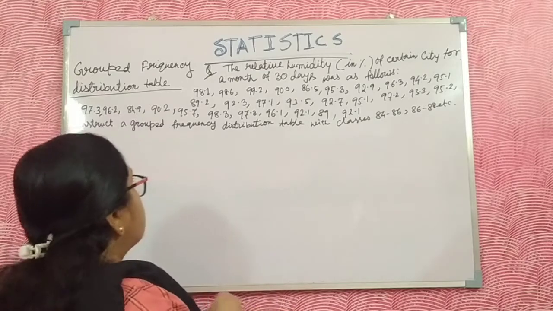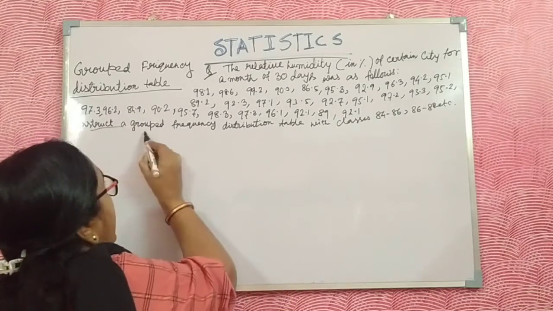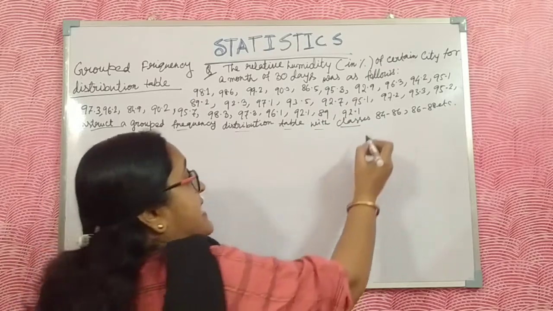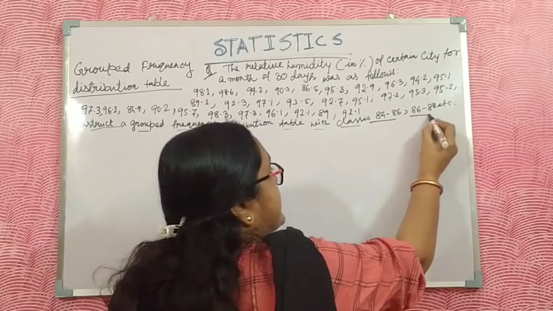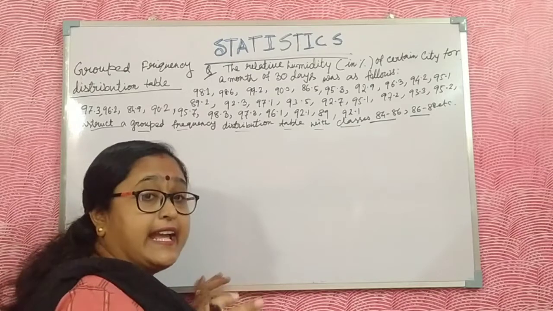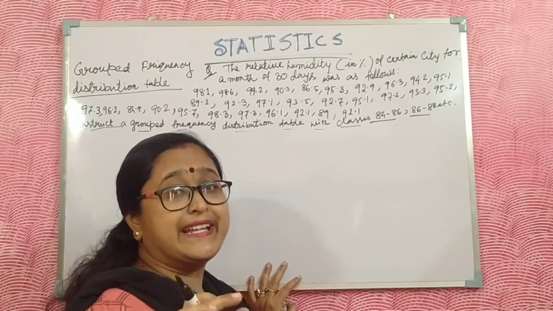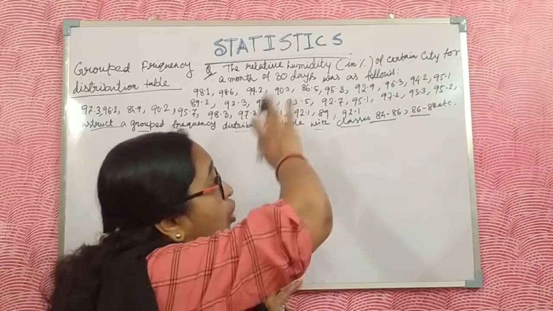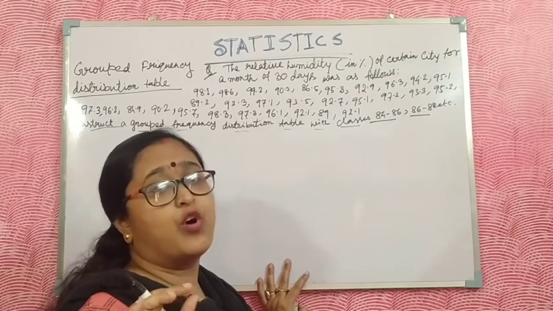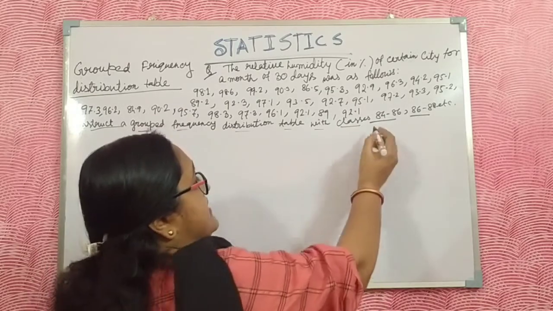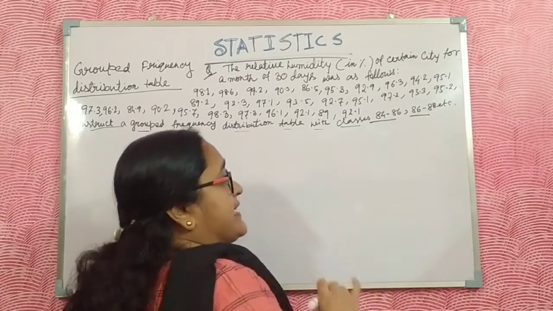Now construct a grouped frequency distribution table with classes 84 to 86, 86 to 88, and so on. These small groups that contain all the data are called classes.